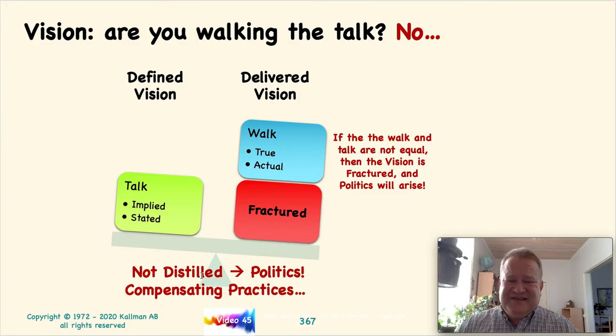And if there isn't distillation, if there is no distilled agreement, you're going to get politics, and worse, you're going to get compensating practices. And everyone's just going to do what's right in their own eyes. And then you're going to have chaos, and it's going to be really messy. So if the walk and the talk aren't equal, then the vision is fractured. And without a doubt, politics will arise.